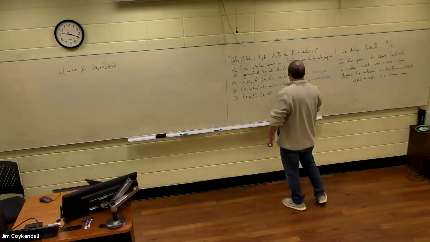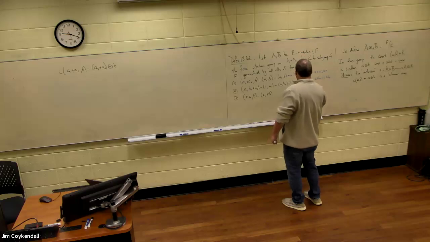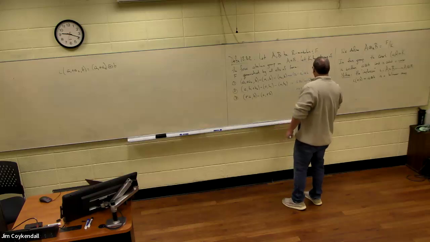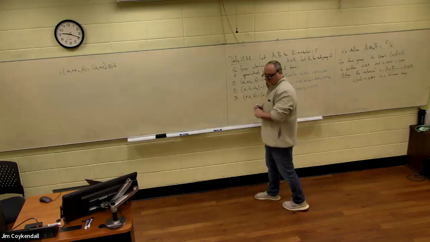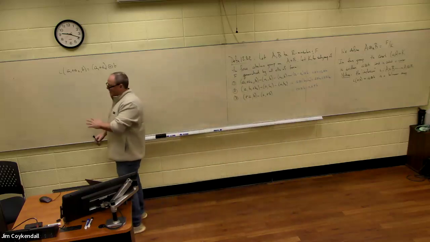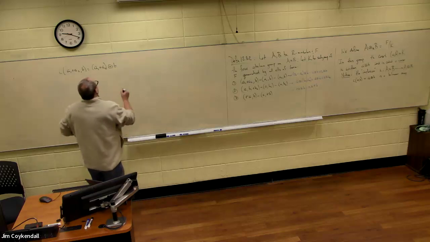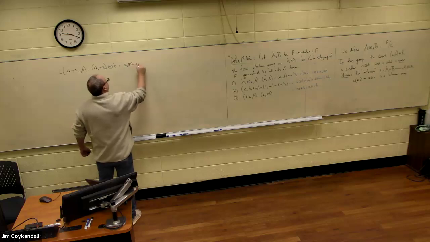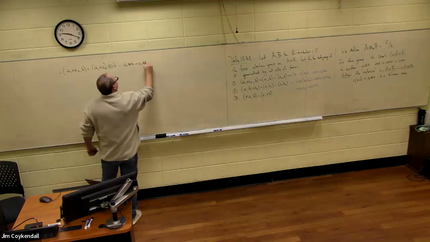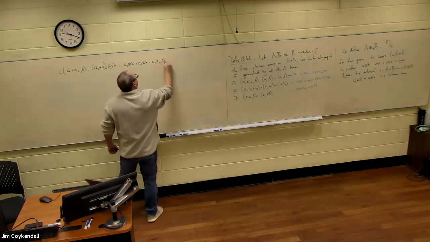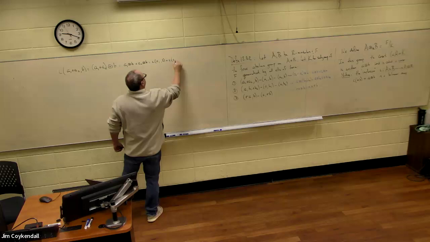And this translates to RA tensor B equals A tensor RB. So if we look back here, this is A1 tensor B plus A2 tensor B, which is iota A1B plus iota A2B.